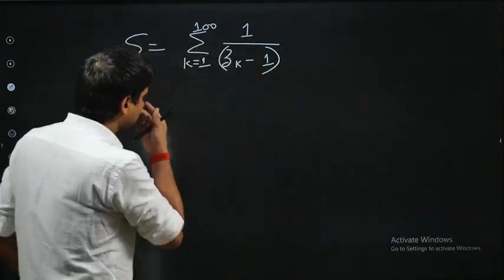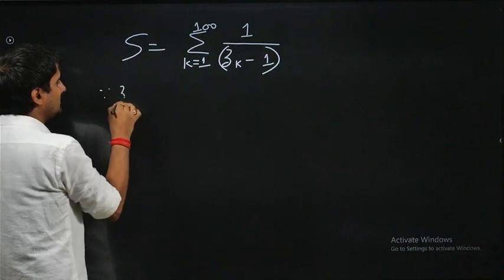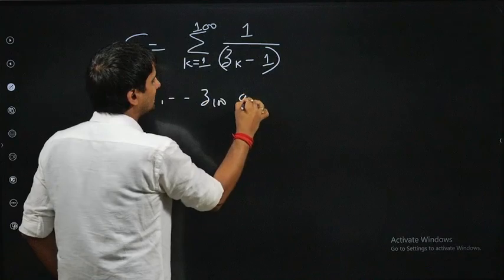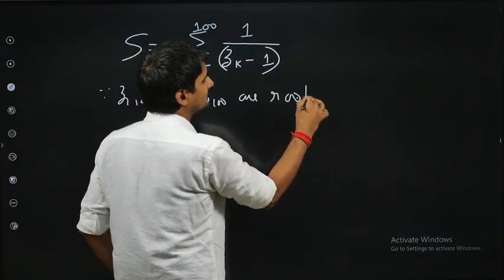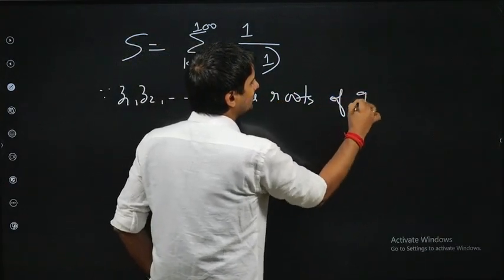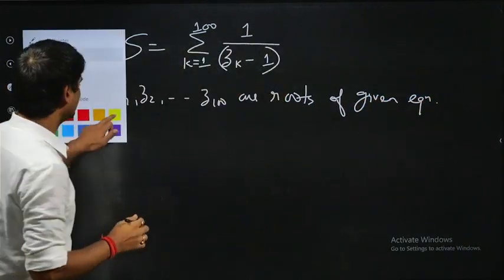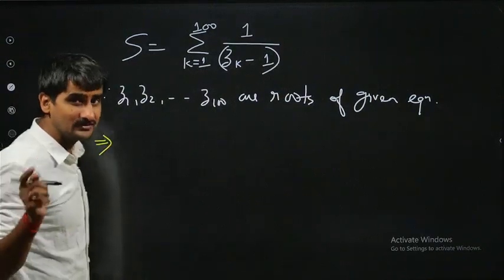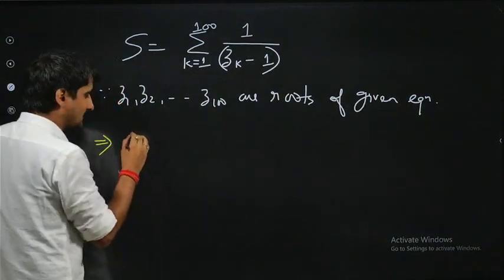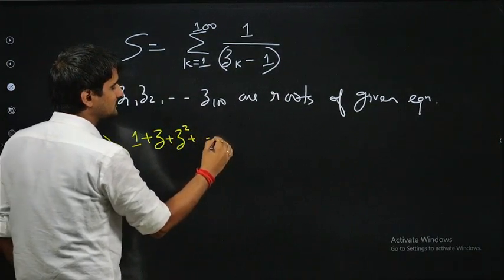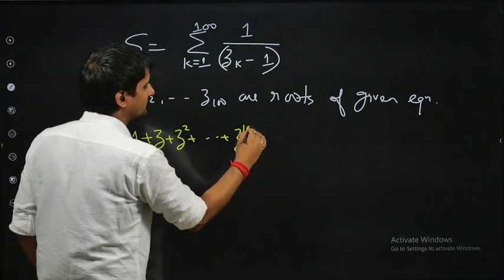Okay, so I said, since z1, z2, z3 up to z100 are roots of the given equation, whatever that equation be, since we know the roots, don't we know the factors of its corresponding polynomial form? Like, the roots of which equation? Roots of 1 plus z plus z square up to z to the power 100 equals 0.